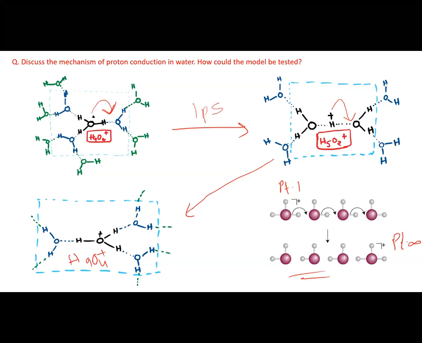And how can this model be tested? This can be tested by increasing the pressure of the system that we are studying. The molar conductivity of protons seems to increase with increase in pressure, as the hydrogen bonds rupture with increasing pressure.